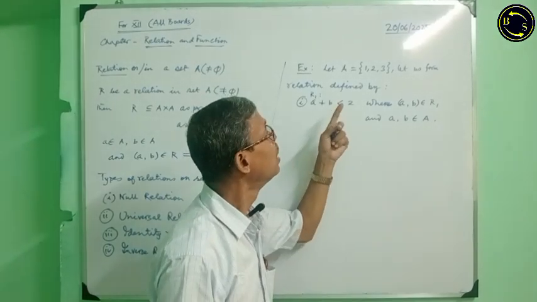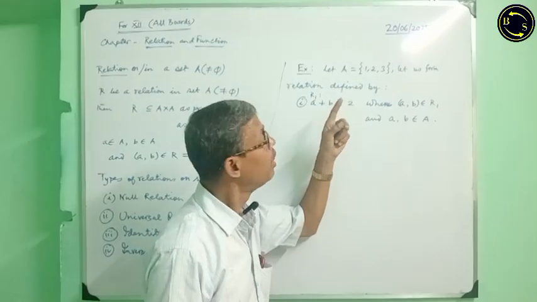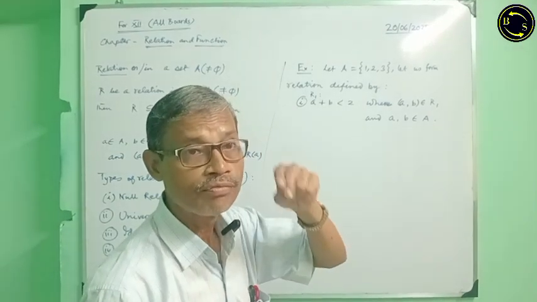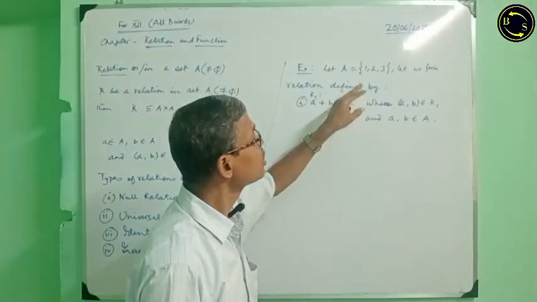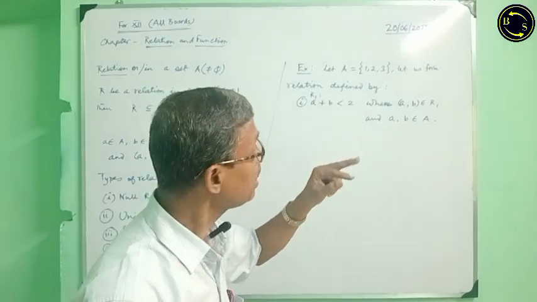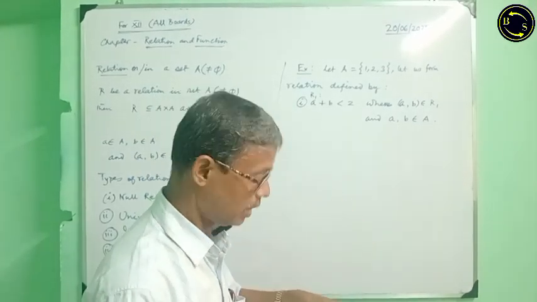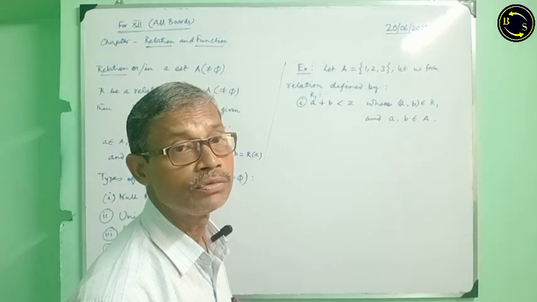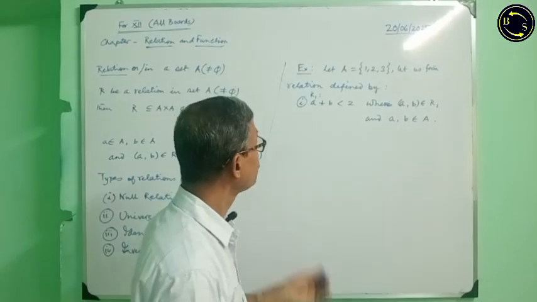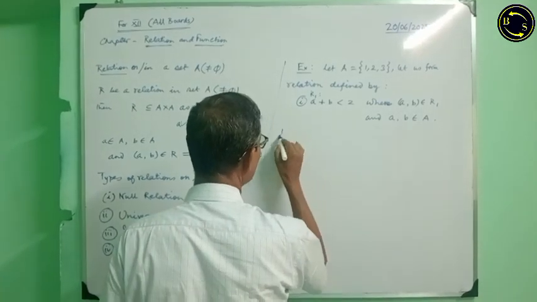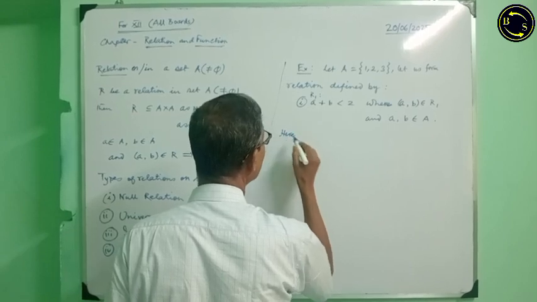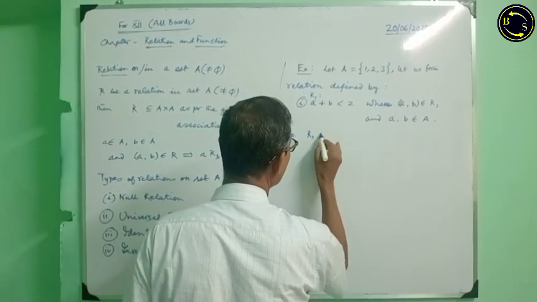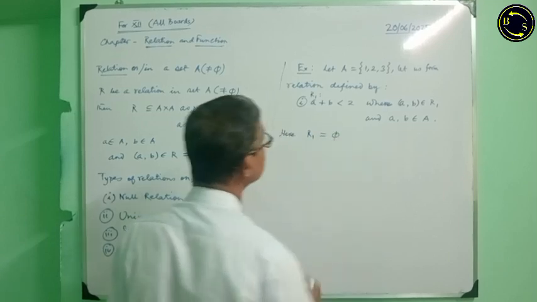Therefore, here the relation will be the null set, because the sum of any other two will be greater than 2. Therefore, the relation is a null relation.